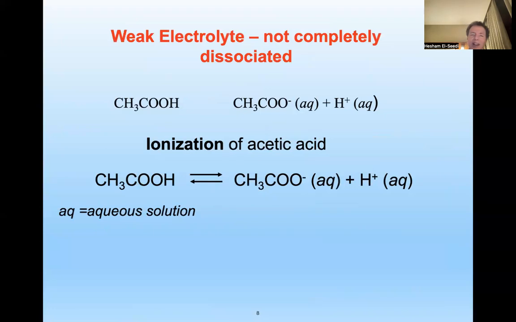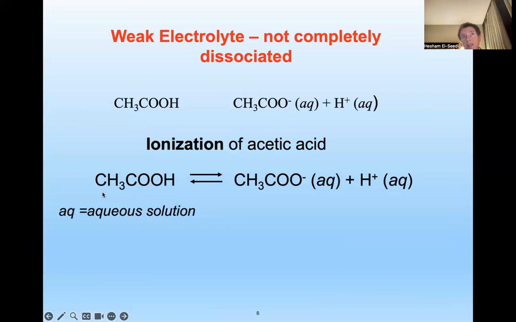What about weak electrolytes? Let us take the example of acetic acid. Look here, you will see the arrow back and forth, which means there is equilibrium. The acid dissociates into acetate and proton in aqueous solution. Then it forms the acetic acid again.